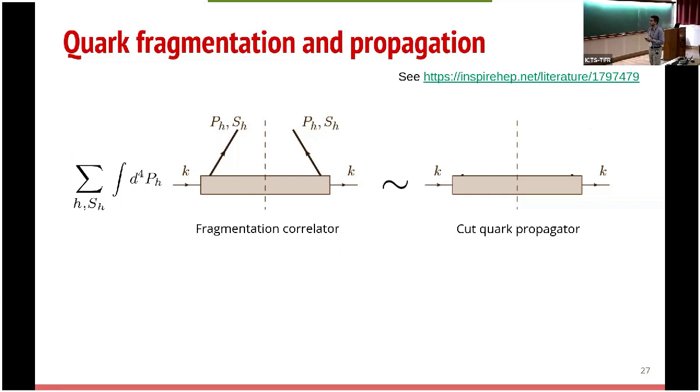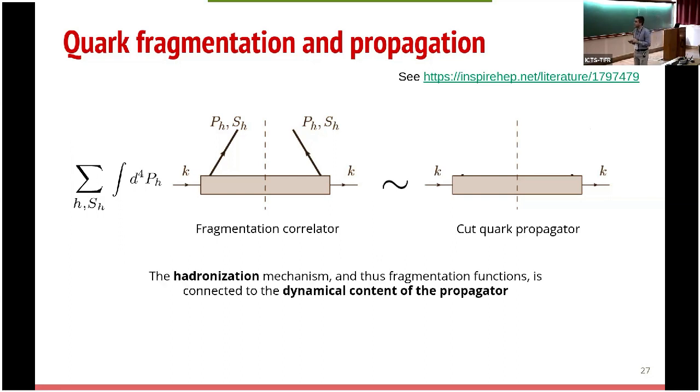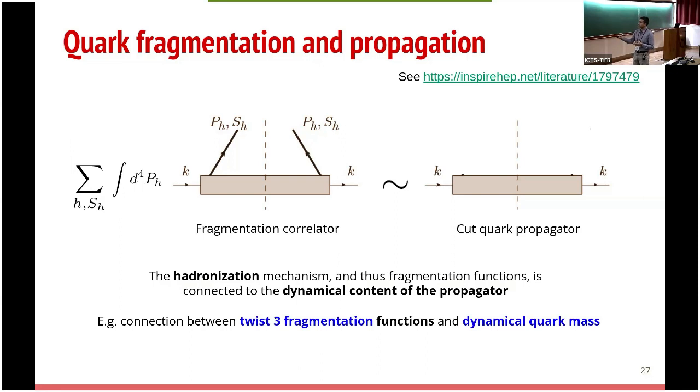This is very interesting because it allows one to connect the hadronization mechanism to the properties of the quark propagator. You can connect the fragmentation functions, for example, to the spectral functions that you can use to describe the quark propagator. This is another topic that would deserve another lecture, but what I want you to remember is that you can link some of the fragmentation functions with specific properties of the propagator.